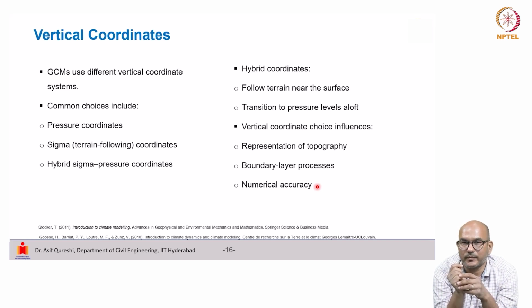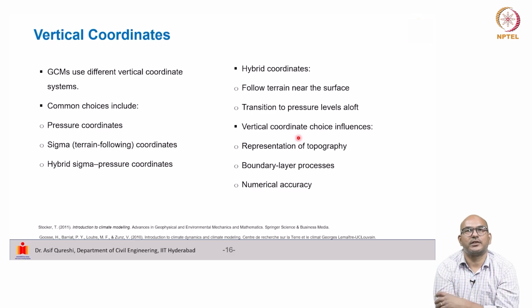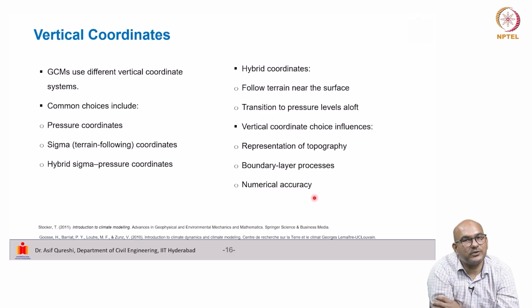But that depends on our resolution choices and our choices in solving the model. So, as one of its components, the vertical coordinate choice can also influence the numerical accuracy of the solution.